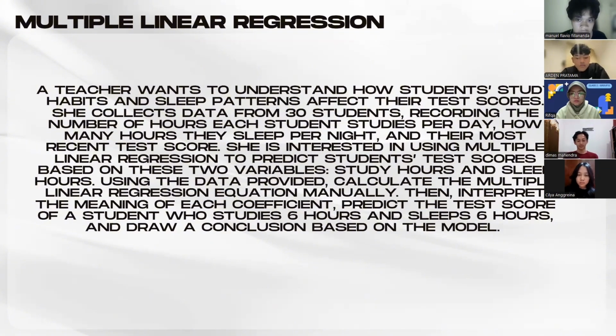She is interested in using multiple linear regression to predict student test score based on these two variables, study hours and sleep hours. Using the data provided, calculate the multiple regression equation manually, then interpret the meaning of each coefficient, predict the test score of a student who studies 6 hours and sleeps 6 hours, and draw a conclusion based on the model.